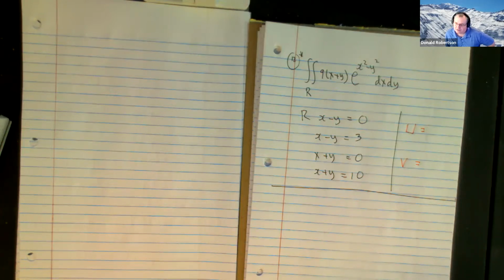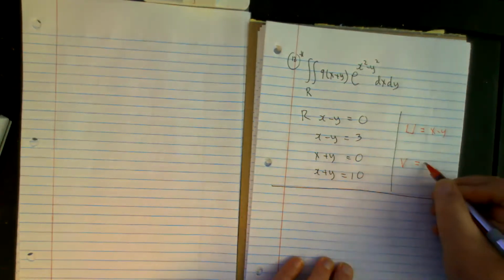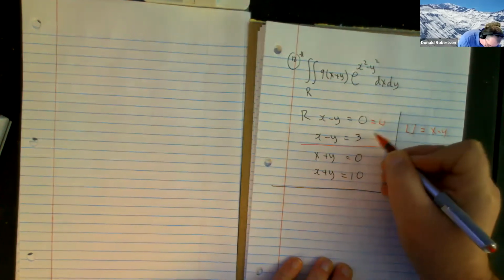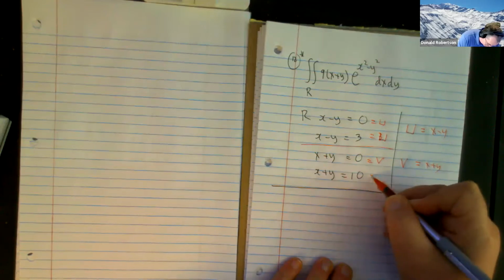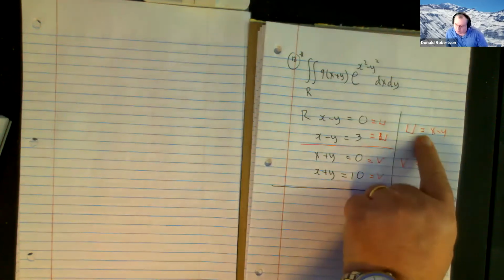Agreed? x minus y and x plus y. And so this ends up being U goes from 0 to 3, and V goes from 0 to 10. So don't we have our limits of integration for U and V? Check. We have these guys.